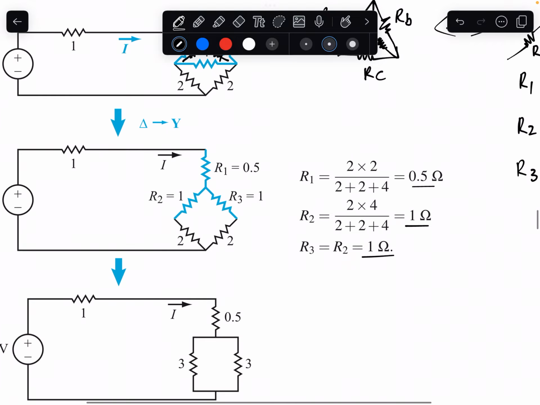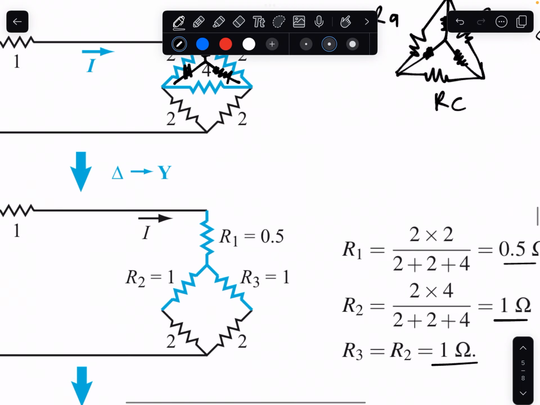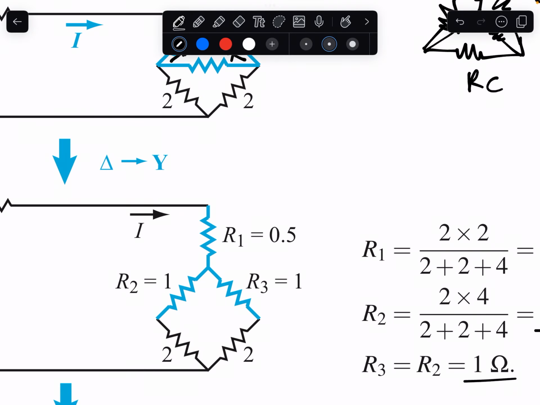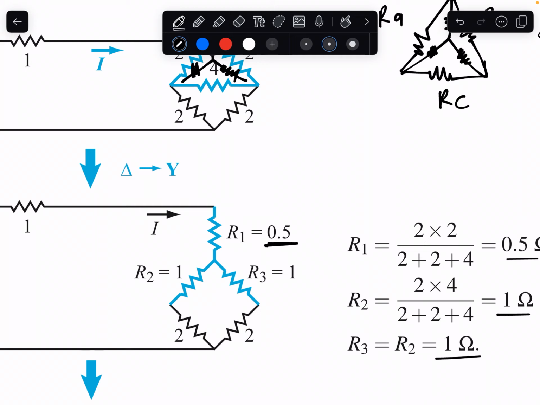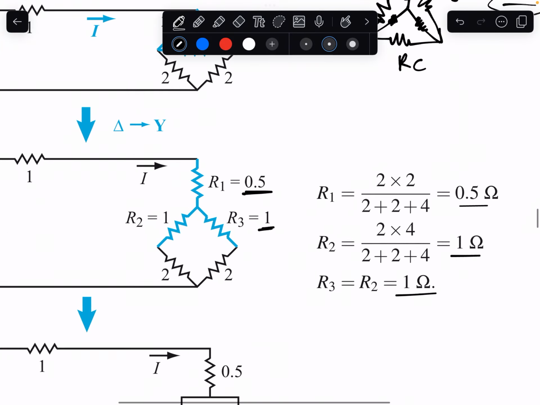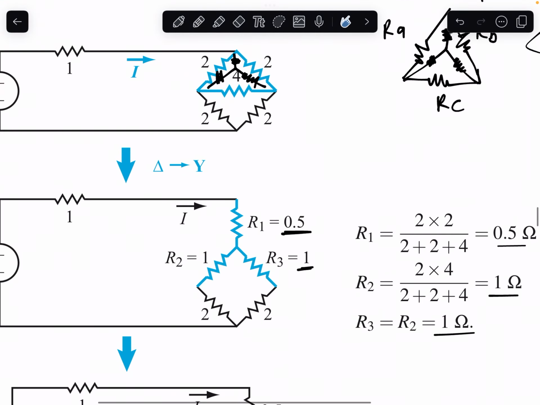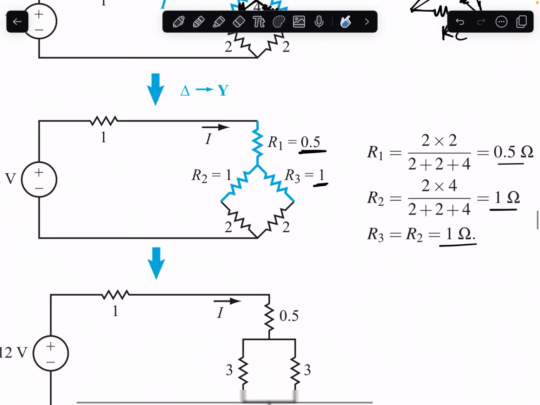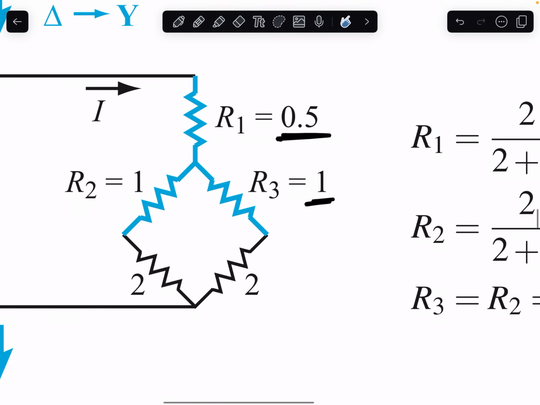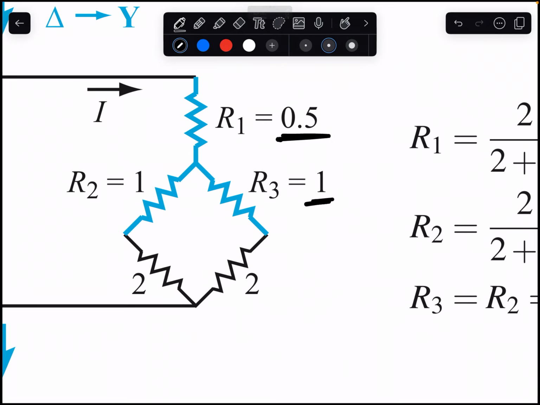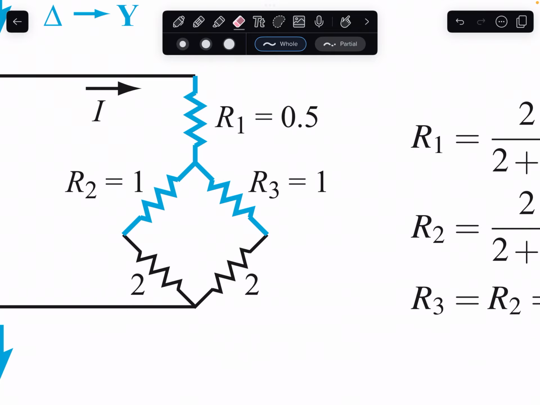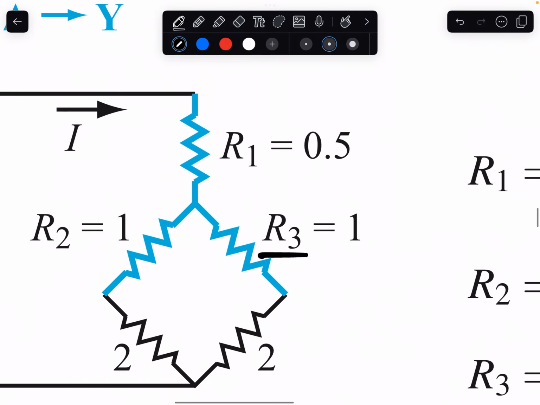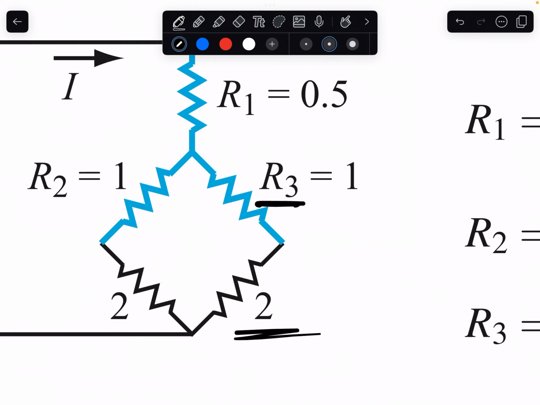So then looking at this, you would have a Y configuration that has R1 as 0.5 and R2 and R3 being 1 ohm. So it definitely simplifies our circuit, whereby now we have R3, this resistor right here, in series with these two, right?